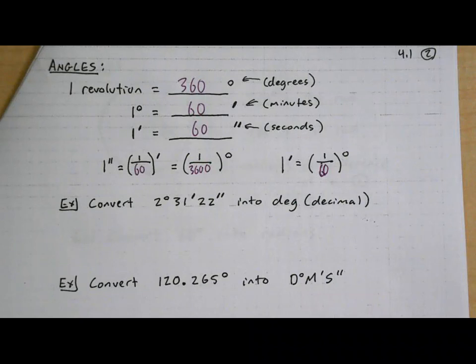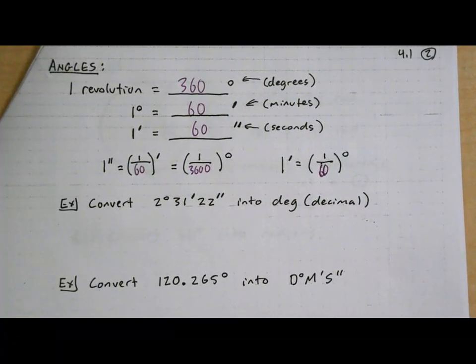We tip our hat to them, and they picked 60 because it's very divisible. Very easy to divide into nice fractions. 60 is a nice number. Quarter of an hour, half an hour, third of an hour, fifth of an hour, 10th of an hour, 6th of an hour, 12th of an hour, 15th of an hour. So many things go into it.